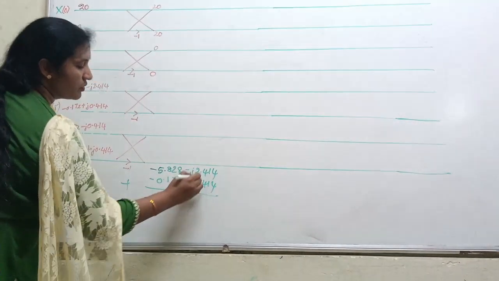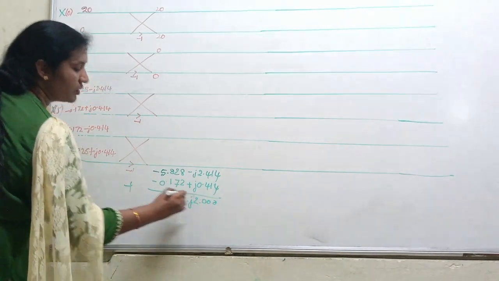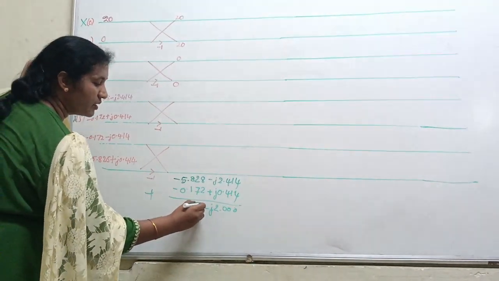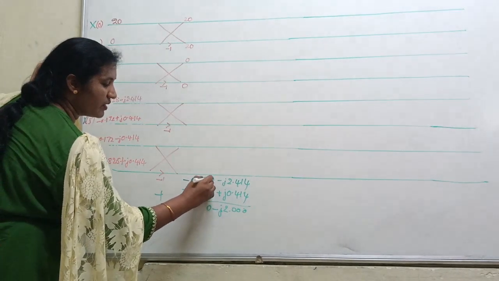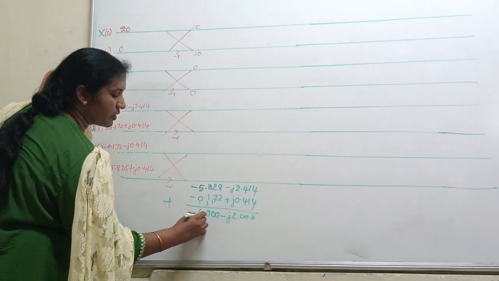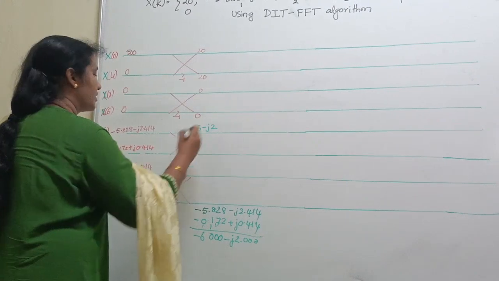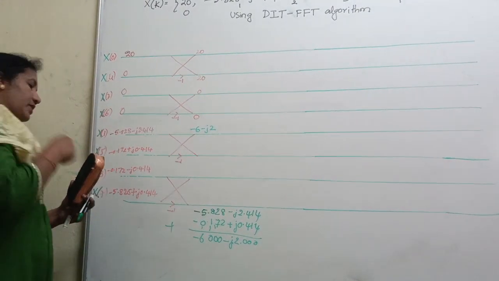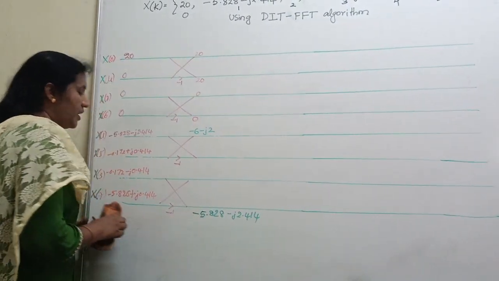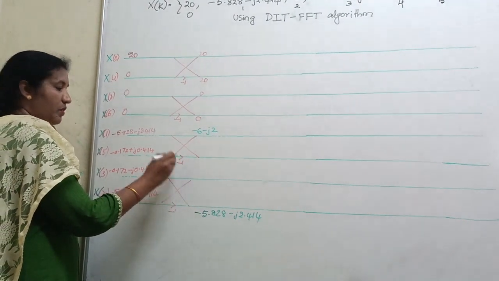So here we will do the subtraction. So you will get all the values are 0 and 2 you will get next. Here both the signs are same. We will do the addition. 8 plus 2, 10, 8 plus 2 again 10. So we got minus 6. So we can write it as minus 6 minus j2 is the answer at this point. Similarly, now we will do, let us keep like this as it is, but here 0.172 is multiplying with minus 1. So what you will get?